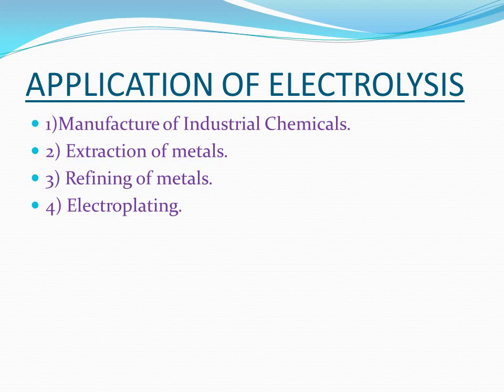And at last we have electroplating. Electroplating is a process where a thin layer of a superior metal is deposited onto an object of cheaper material with the help of electric current.